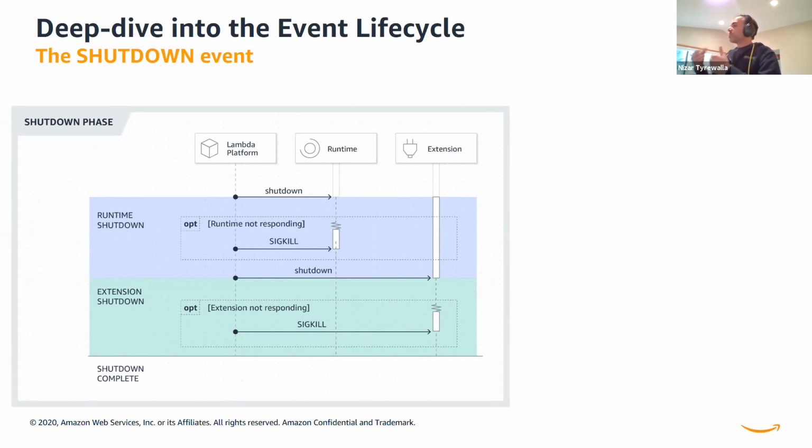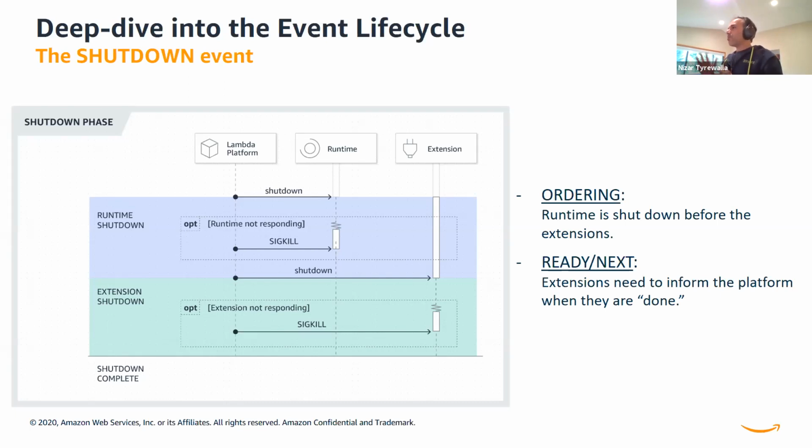Or the OpenTelemetry SDK is buffering the data and sending it to the OpenTelemetry collector, actually, in this case. So we can signal the OpenTelemetry collector to push the data out to the backend services so that we don't lose any of the observability data that has been collected and stored.